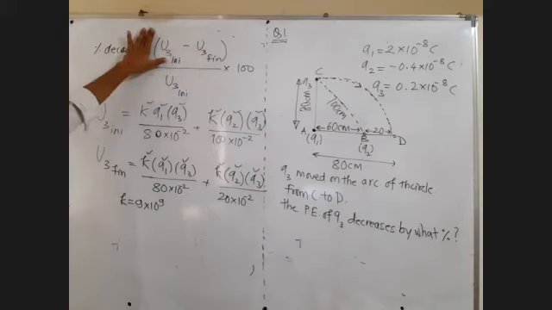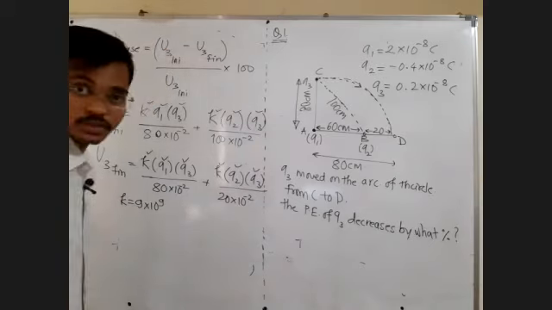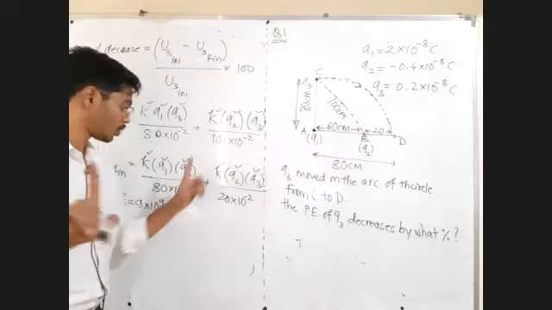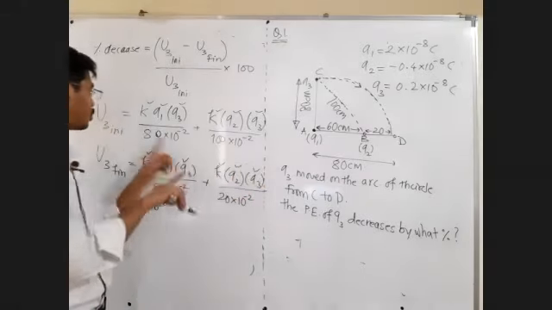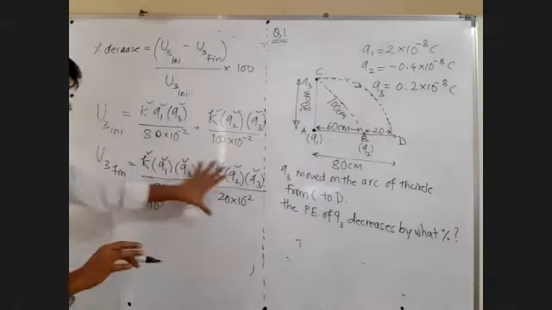Take the things common, divide, get the common things cancelled, and then go for the calculation. I am not asking you to calculate U initial or U final exactly. Try to take common, then put the values here, get rid of the common values and then calculate.